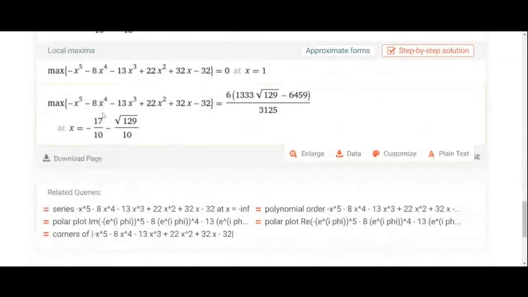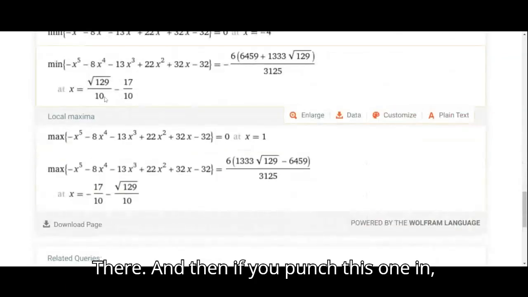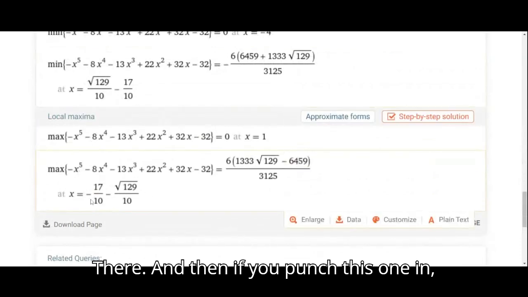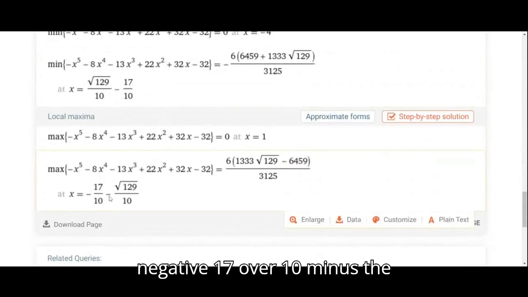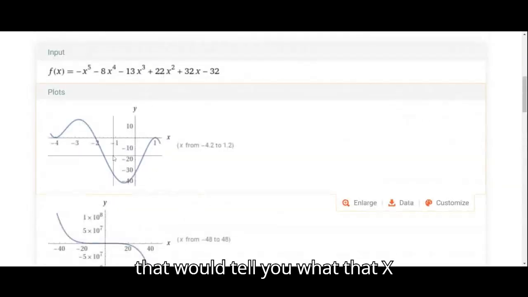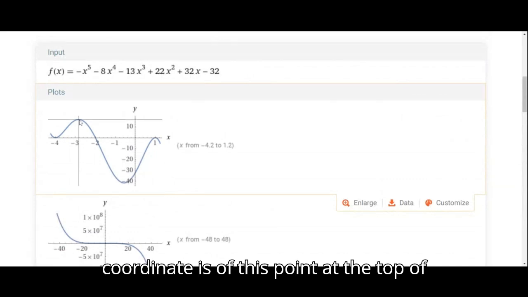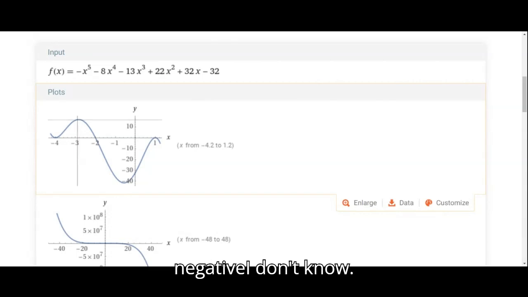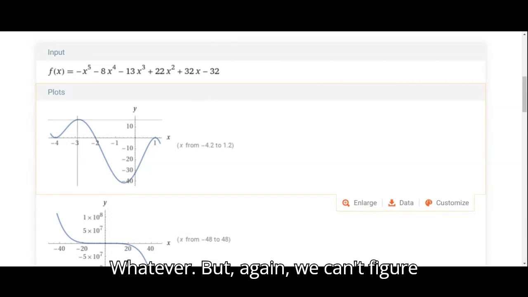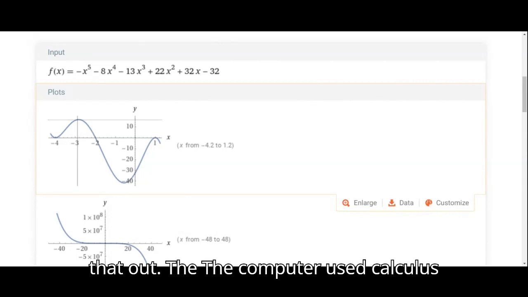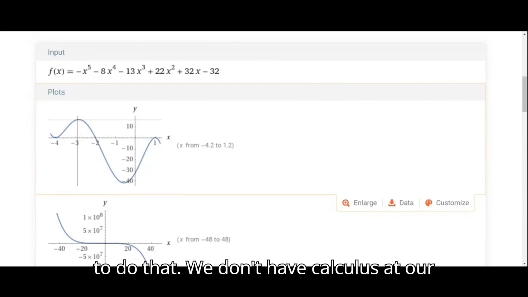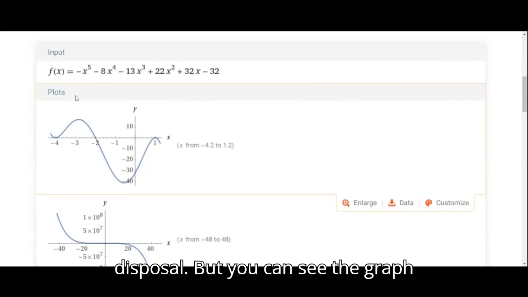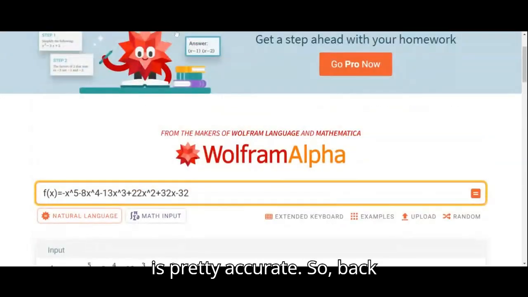And then if you punch this one in, negative 17 over 10 minus the square root of 129 over 10, that would tell you what the x-coordinate is of this point at the top of this hump, which looks like it's about negative 2.8 or something like that. I don't know, whatever. But again, we can't figure that out. The computer used calculus to do that. We don't have calculus at our disposal. But you can see the graph is pretty accurate.